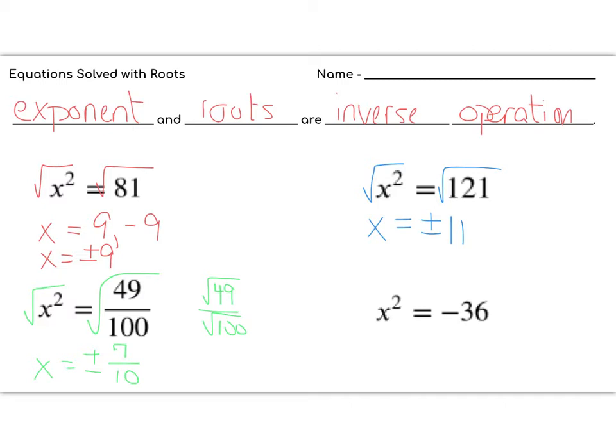Look at this next one. X squared equals negative 36. So what is the inverse operation to squaring? Taking the square root. So I am going to take the square root of both sides, and the square root of x squared is x. What times itself equals negative 36?